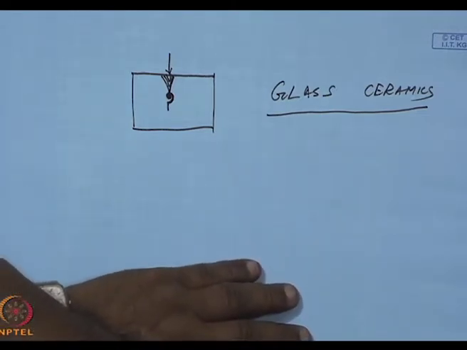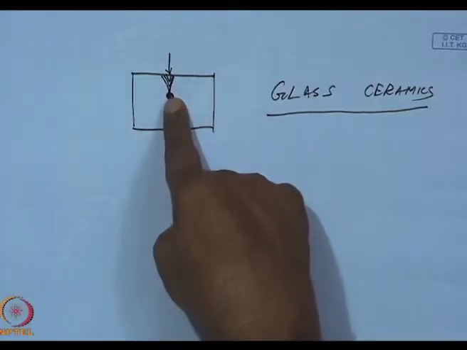Most of this crack deflection technique has been centered around trying to add in the ceramics different sizes of second phases, single size, multi size, different sizes, so the cracks get deflected.